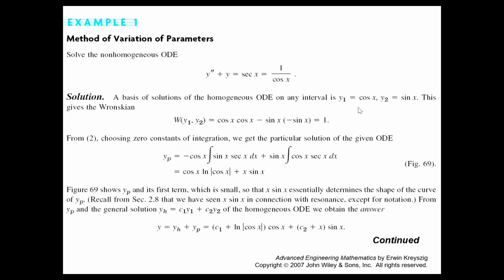Okay, let's put that into an example. We have a non-homogeneous ODE: y double prime plus y equal to secant x, where secant is 1 over cosine x. We see that this form is not on the table.